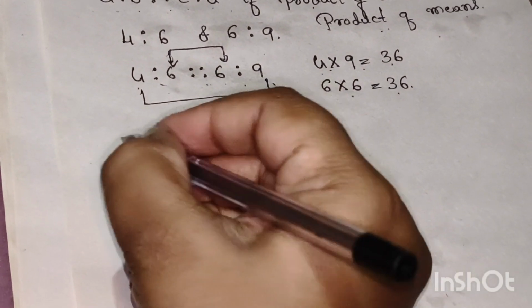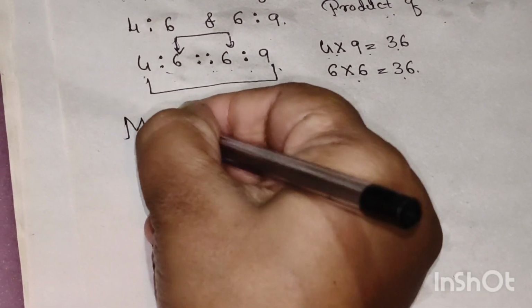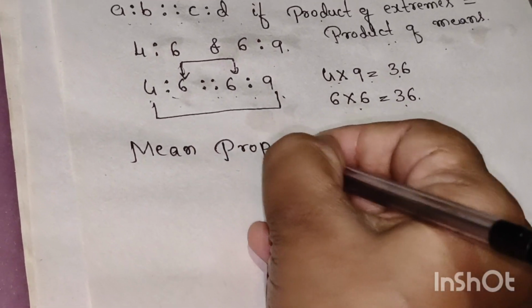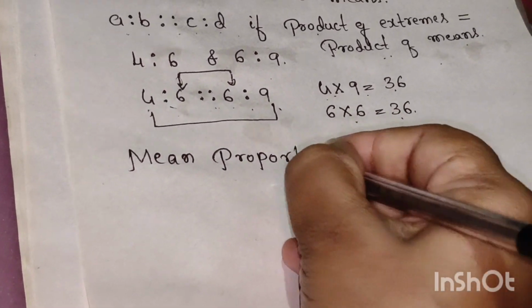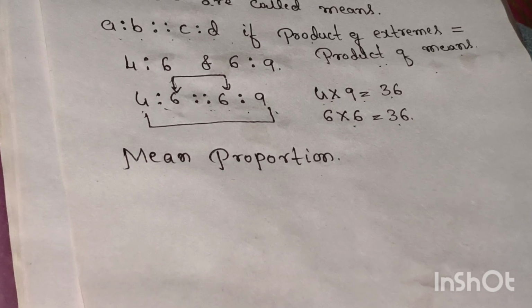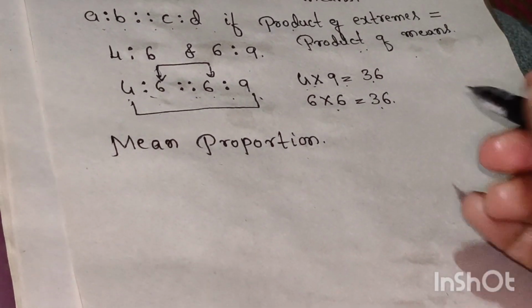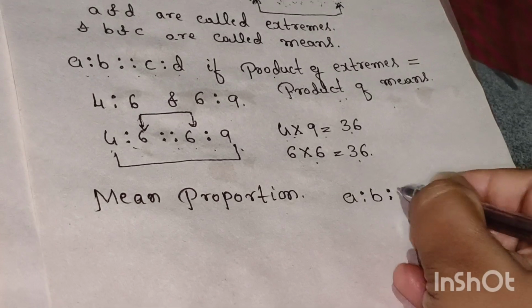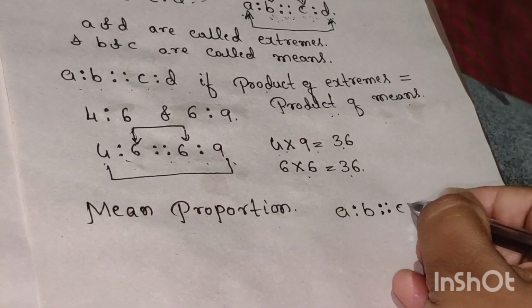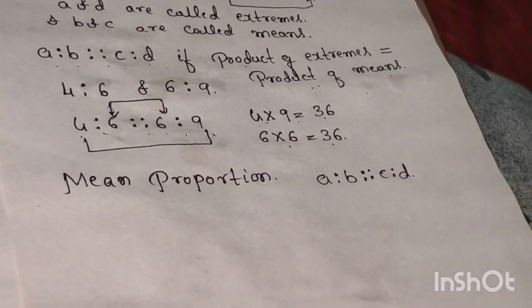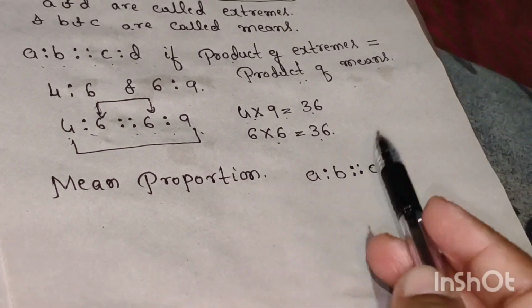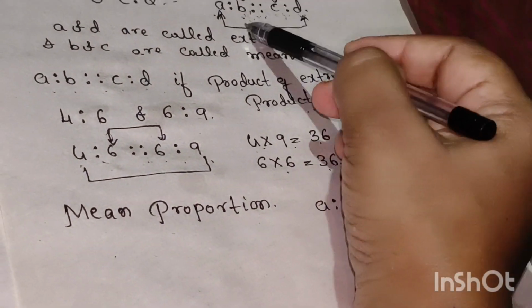Next topic is mean proportion. We know that the general form of the proportion is A is to B is proportion to C is to D. But we define the mean proportion. Mean, we know that mean means middle numbers.